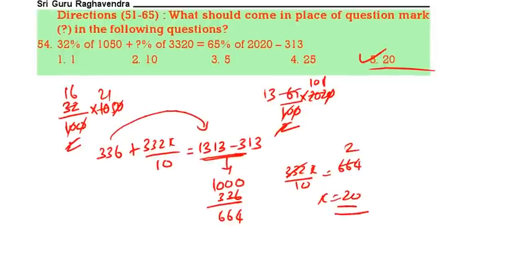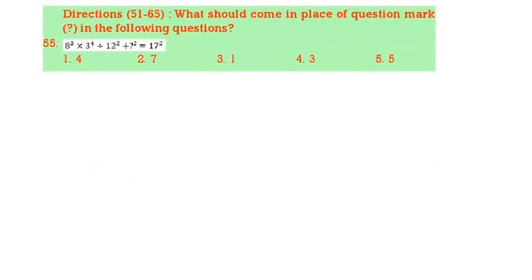Next, 55 question. 8 cube into 3 power 4. 8 cube can be written as 4 power 6 because 4 square into 3, that is 4 power 6.